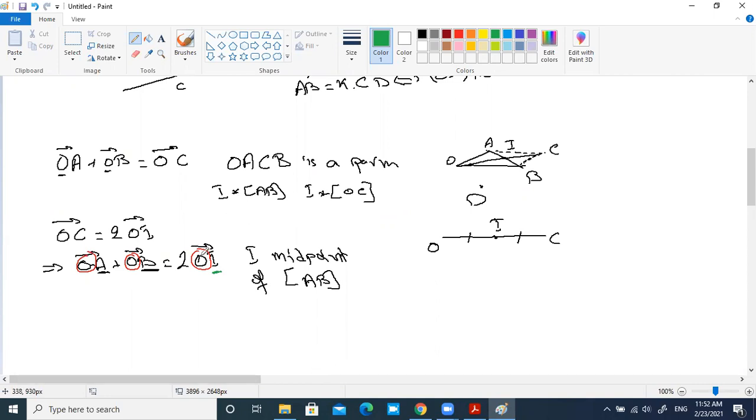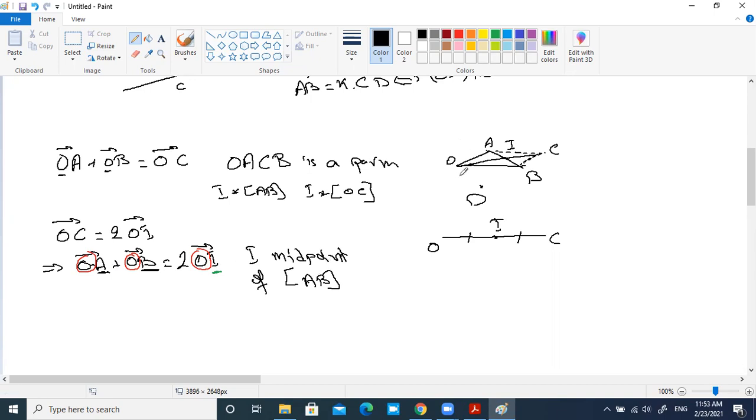And this property is also true on the opposite side. I mean, if you prove that for a certain point O, OA plus OB is equal to 2OI, then for sure I will be the midpoint of segment AB.